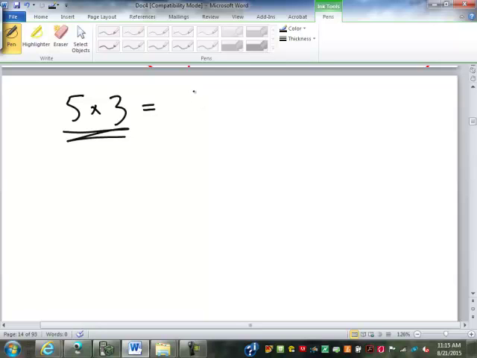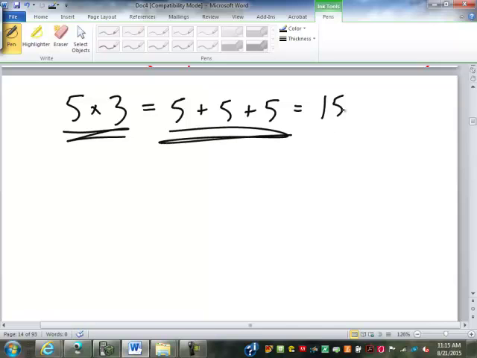Either count up by 5s or 5 plus 5 plus 5, right? We did repeated addition. In fact, that is the definition of multiplication, is repeated addition. Well, since division is just multiplication done in reverse, it then makes sense that division is repeated subtraction.